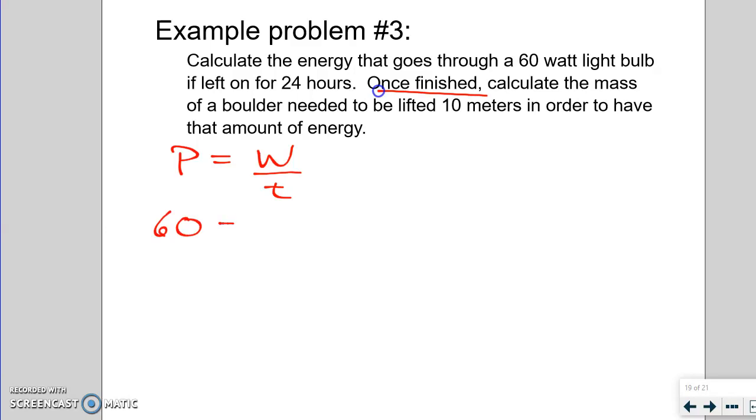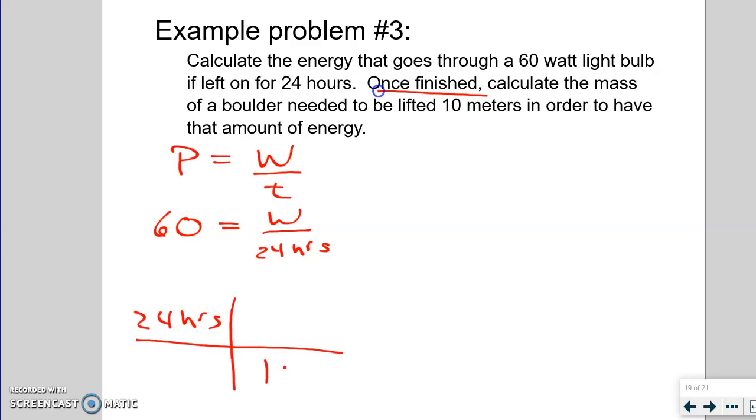So we have 60 watts equals the energy or work over the time, but the time is 24 hours. And as you probably know, we can't use hours, so we're going to convert 24 hours. 1 hour is 3,600 seconds. Get that into the metric base unit for time, and we got 86,400 is our time in seconds.